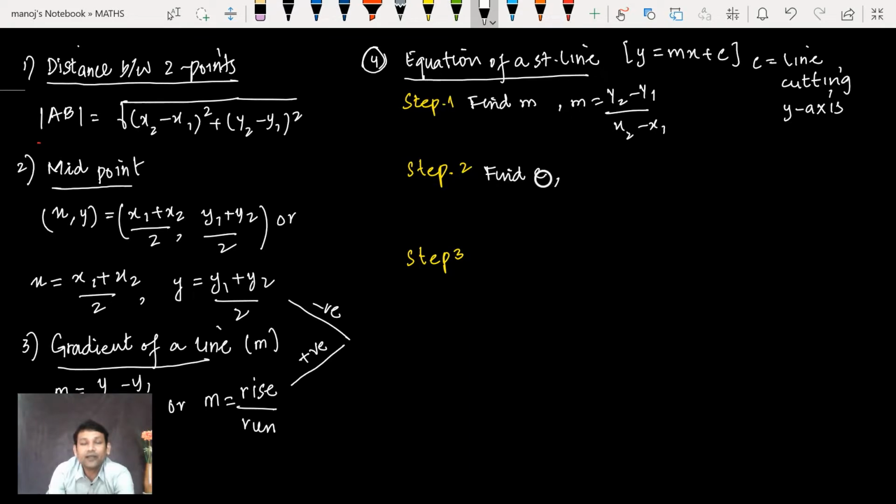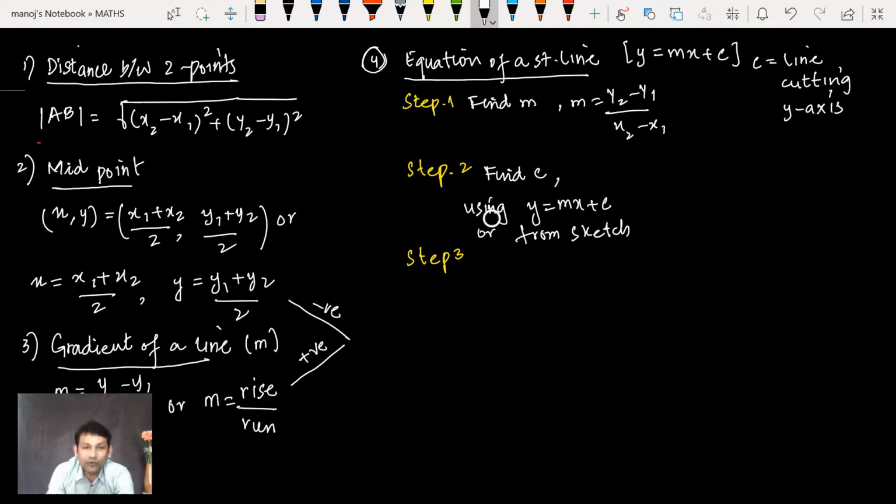So find c, and how do you have to find c? You have to use this equation, y equals mx plus c, or use the graph or sketch. I mean, you can see this from the sketch. What is c? Where the line cuts the y-axis. Okay.